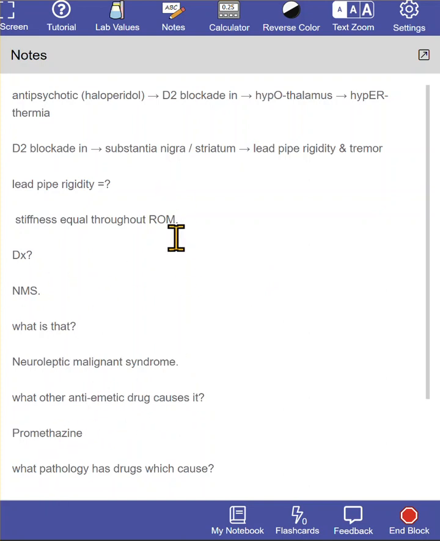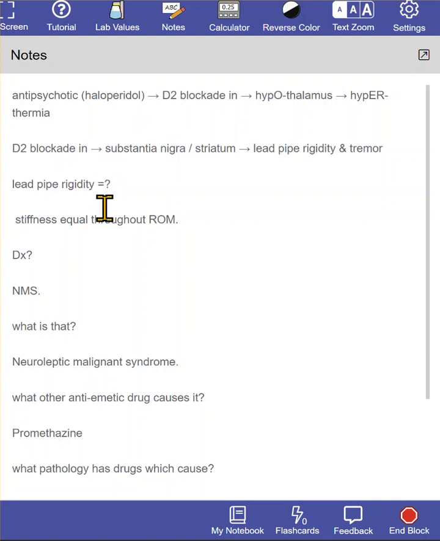So let's see. So this question, antipsychotic haloperidol. So also promethazine can do this, where you have D2 blockade in the hypothalamus, and you have hyperthermia. So when you have dopamine 2 receptor blockade, which is what antipsychotics, especially first generation antipsychotics will do, then you get hyperthermia.